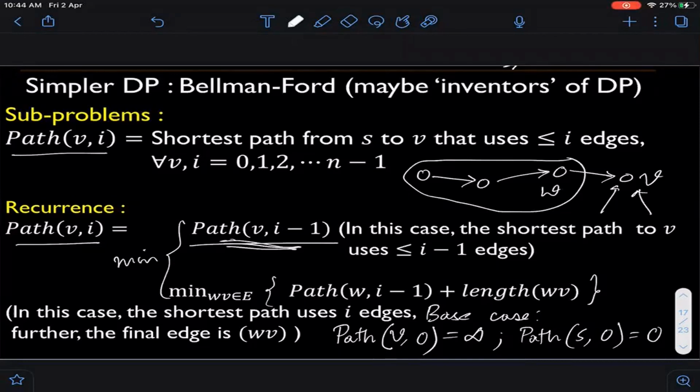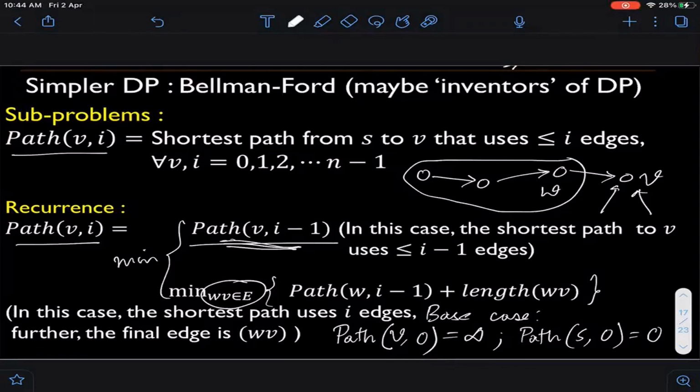And what are the other cases? The other cases are that it actually uses the full budget, which is I edges, and then there could only be these many options for the penultimate edge. Because remember, I have to reach V at the end of the day. So how am I going to reach V? The way I am going to reach V is only via these vertices which are in the neighborhood of V. Only these are possible options, right?